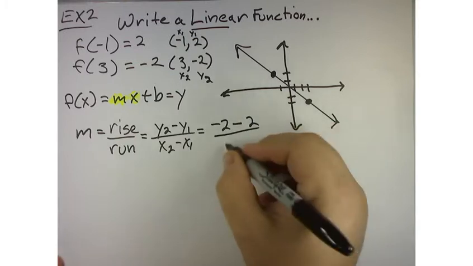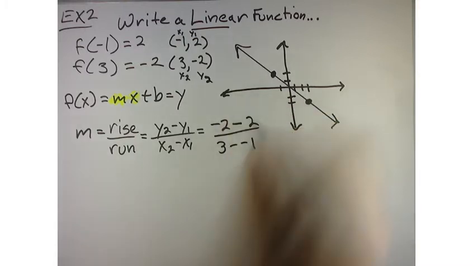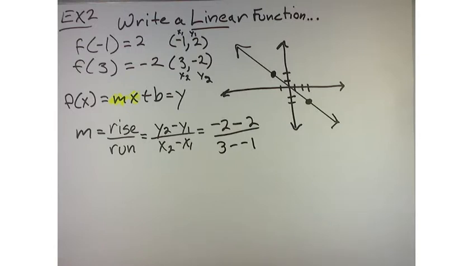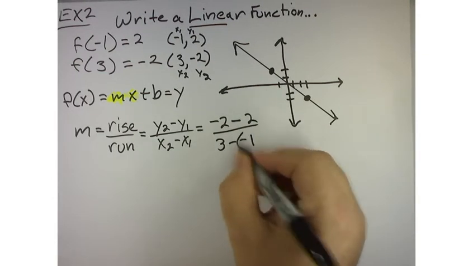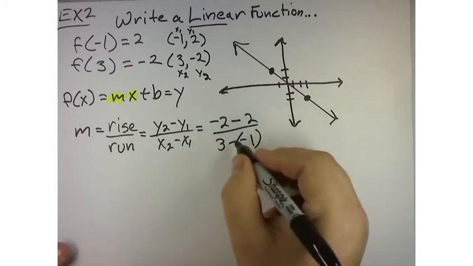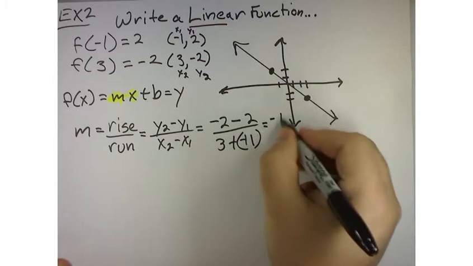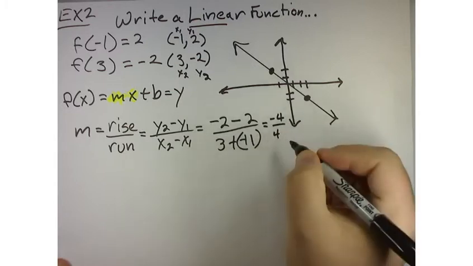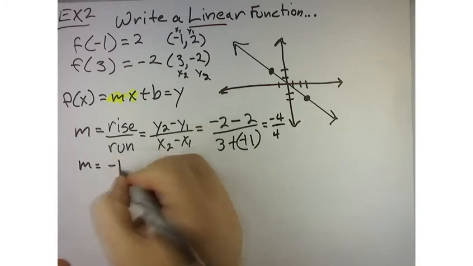Then x sub 2 is 3 minus, and then x sub 1 is minus 1. Now I'm sure that you guys never do this, but Mr. Adams sometimes will forget that extra minus sign, right? But when you minus a minus, you really what? Add. So I'm left with -4 over 4, which is a slope of -1, right? When that reduces down.